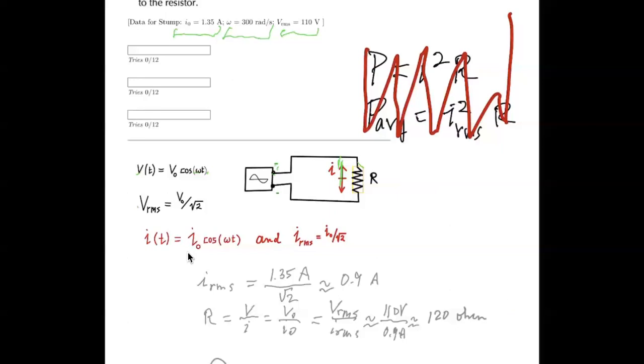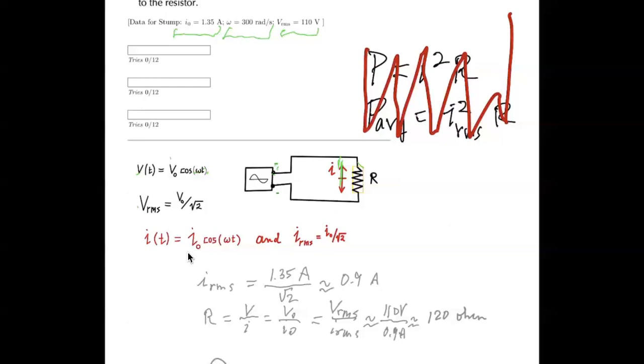Well, the square of this will be V0 squared. And the average of cosine squared, cosine alternates between +1 and -1, cosine squared alternates between 0 and 1. The average will be a half. So the mean square voltage will just be V0 squared times a half, or the root mean square voltage will be the square root of that. It'll be V0 over the square root of 2.